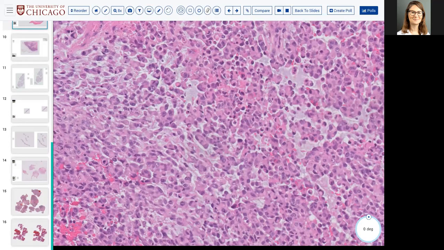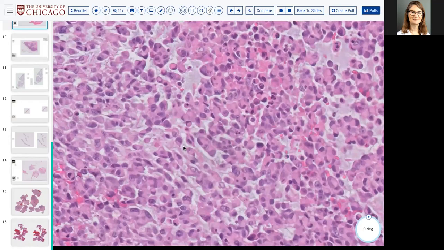It's not the partners like FLI1, ERG, WT1. It's not the rearranged partners that are in the small round blue cell tumors. It's others, like POU5F1, and I don't even know, there's a whole bunch of them, because it's not a uniform partner. It's EWSR1 plus something else, not FLI1, not ERG, not WT1. Okay.